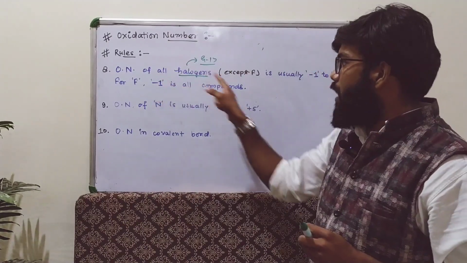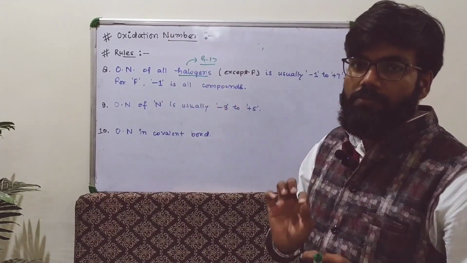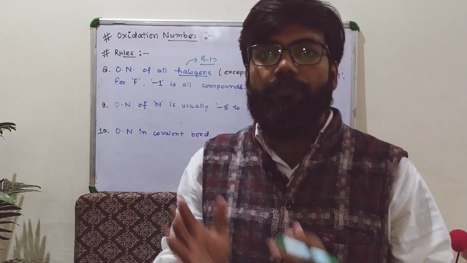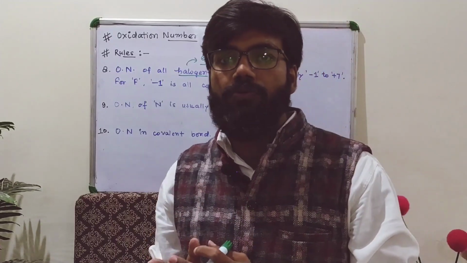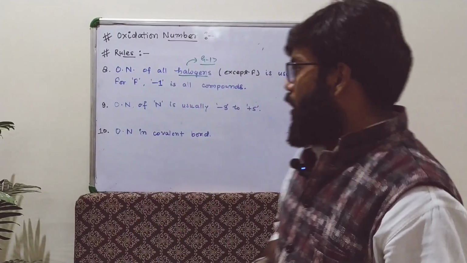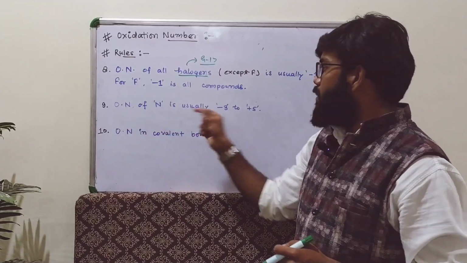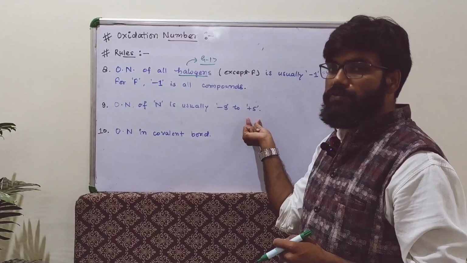For fluorine it is always taken as -1 in all compounds. So the oxidation number of fluorine in all compounds will be -1, and for other halogens it may vary from -1 to +7. Oxidation number of nitrogen usually varies from -3 to +5.